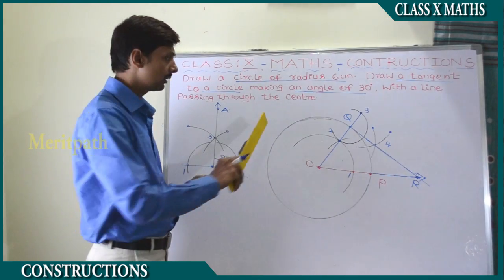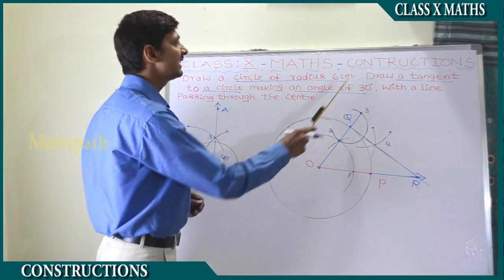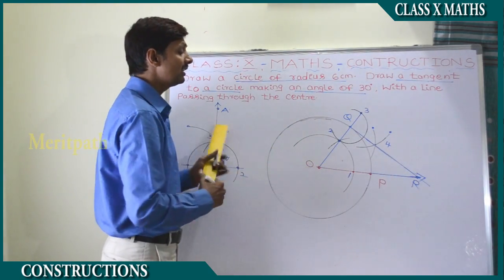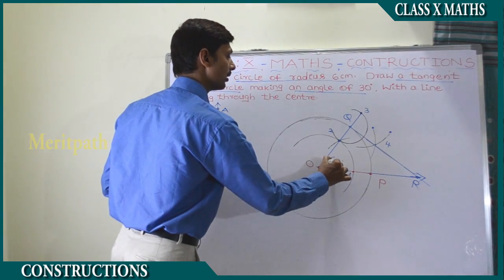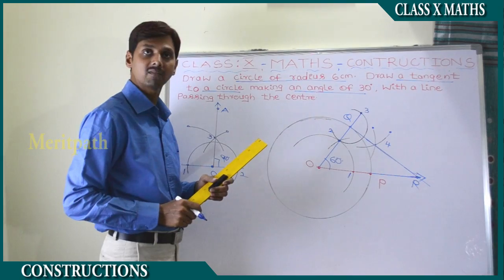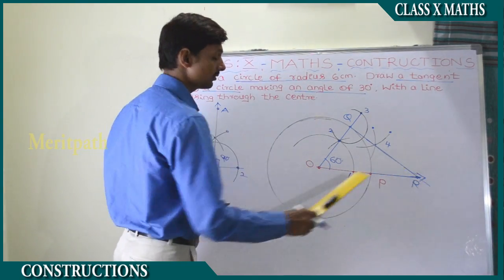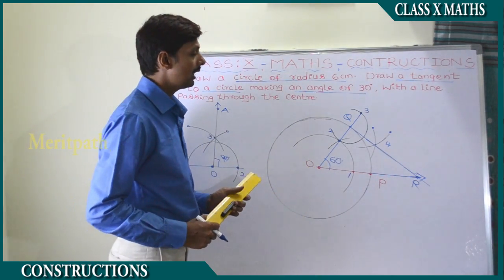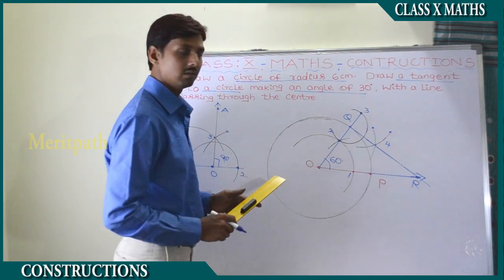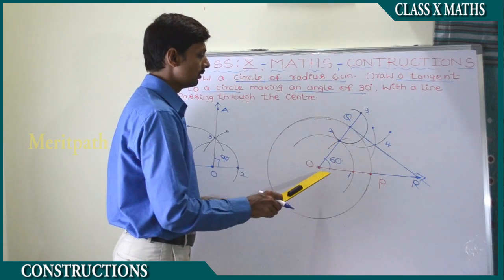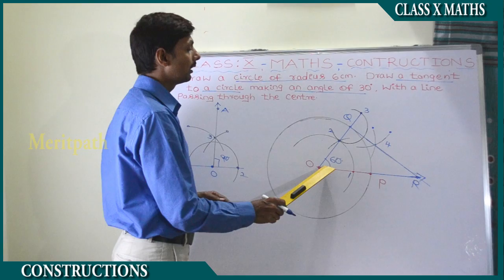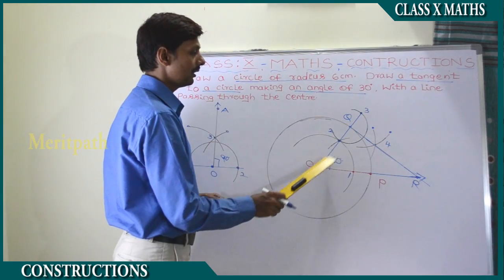We have drawn a circle with a radius of 6 centimeters. Then after we have constructed a 60 degrees angle for OP. Then we have extended OP, and for OQ we just extended OQ here after getting a 60 degrees angle.